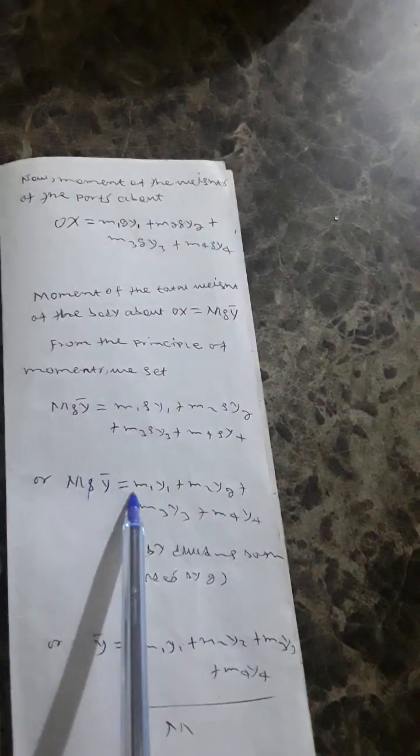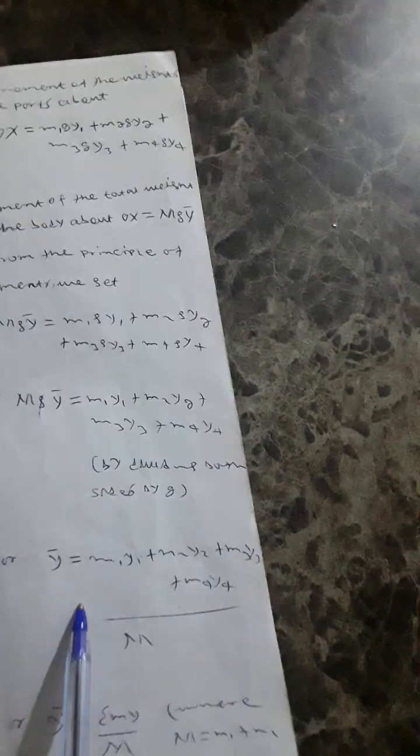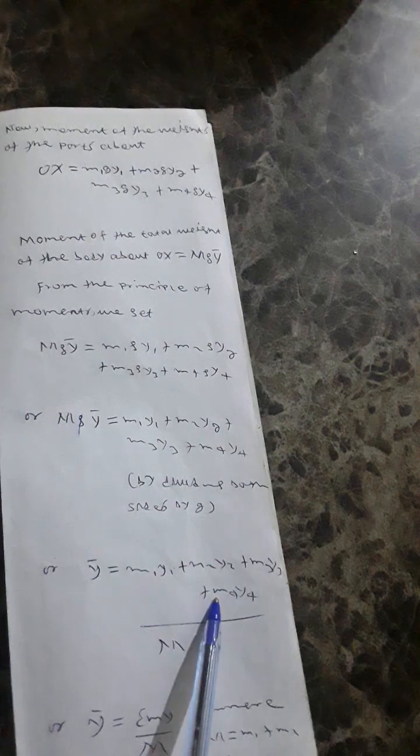Then g cancels g. So m y bar is equal to m1 y1 plus m2 y2 plus m3 y3 plus m4 y4. So y bar is equal to m1 y1 plus m2 y2 plus m3 y3 plus m4 y4 over m total. We calculate y bar is equal to summation of m y over m. This is the center of gravity y bar.